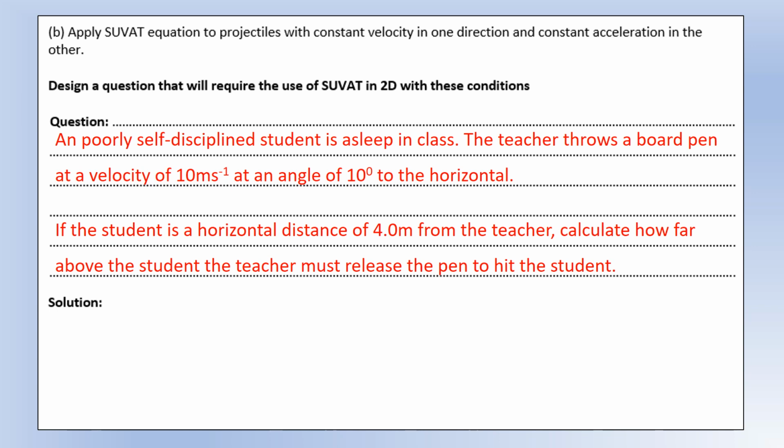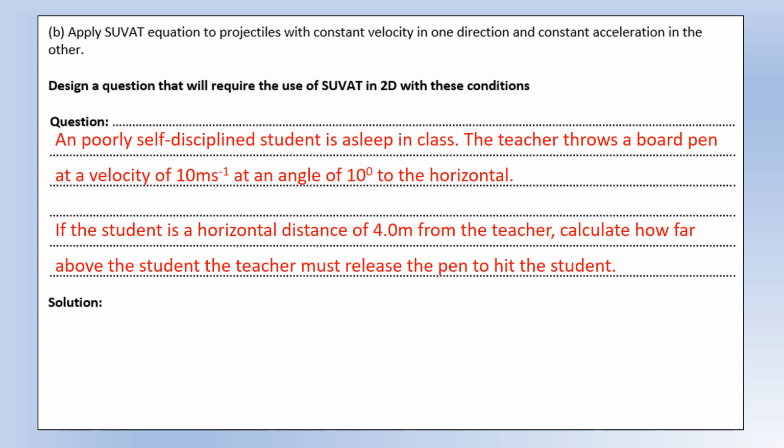The teacher throws a board pen at a velocity of 10 meters per second at an angle of 10 degrees to the horizontal. What I probably should have said is it's 10 degrees above the horizontal. If the student is a horizontal distance of 4 meters from the teacher, calculate how far above the student the teacher must release the pen to give them a nice whack and wake them up.